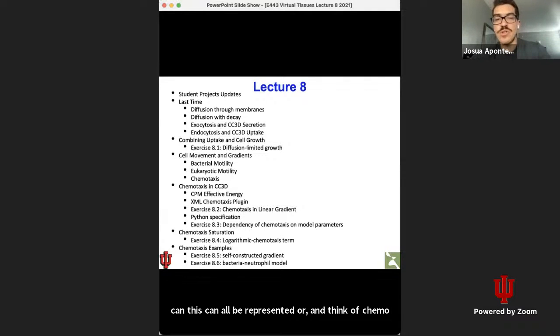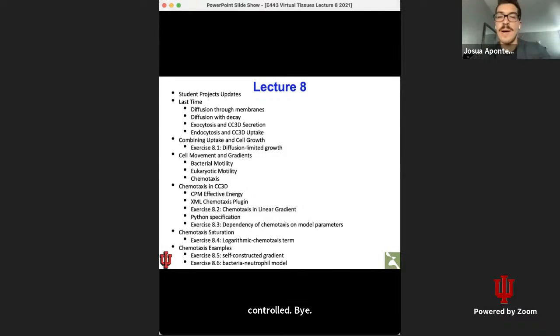Then we'll talk about how chemotaxis is modeled and represented in CompuCell, and we'll play with how the chemotactic force or the movement of cells can be controlled by changing some of the model specification parameters that we already know.